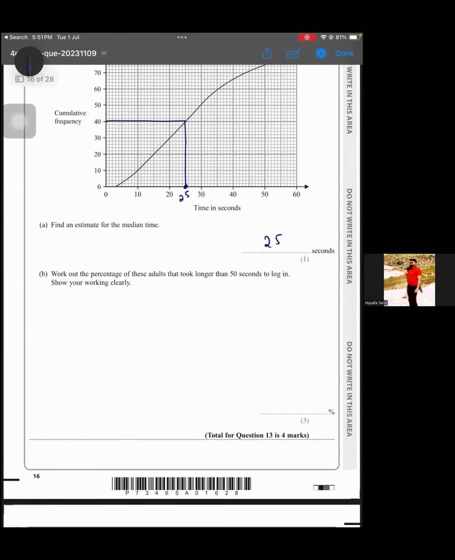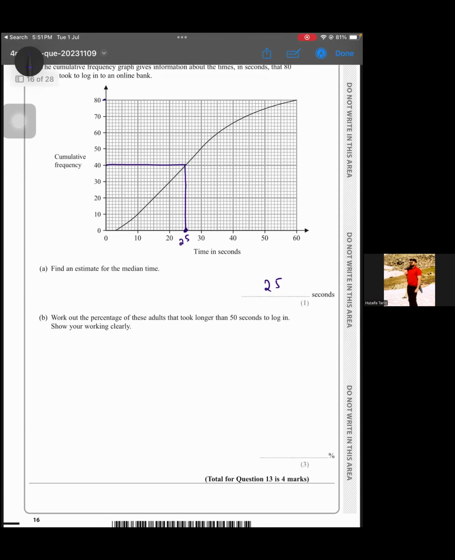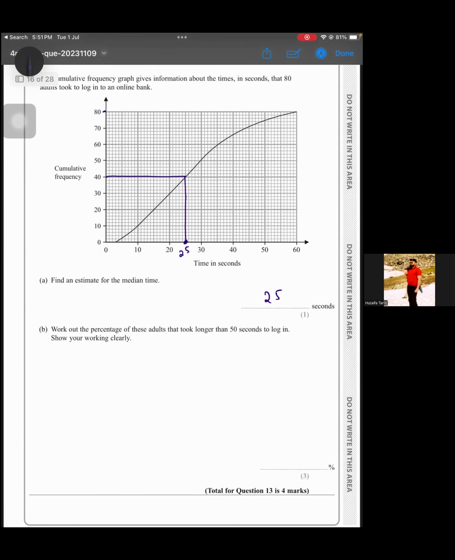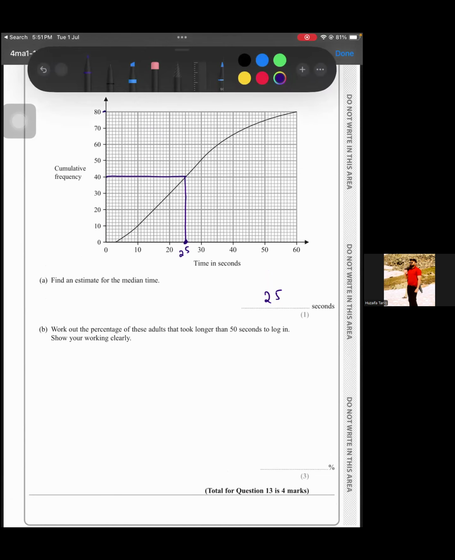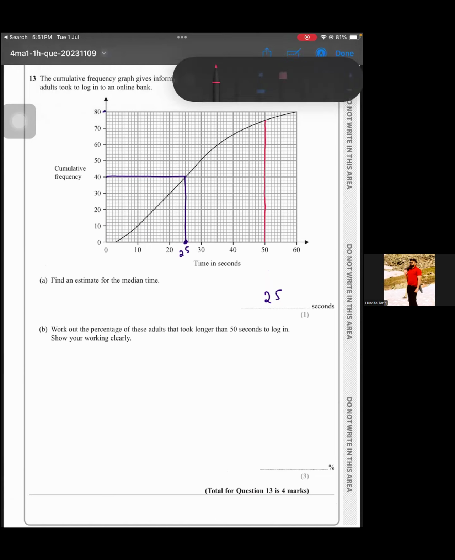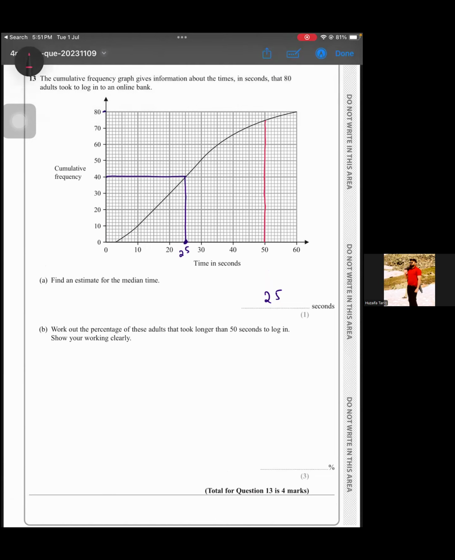And if we talk about work out the percentage of users that took longer than 50 seconds to log in. So 50 seconds lies over here, which is basically 75. So first of all, you have to subtract it.